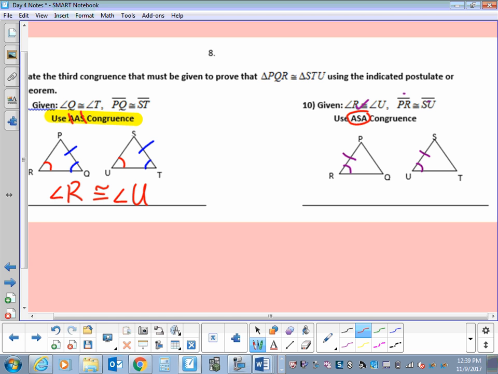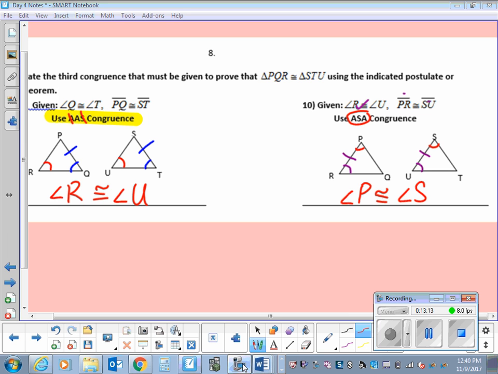Okay, so what'd you say? P is congruent to S. So angle P is congruent to angle S. That would make that statement true. I want you guys to try 11 and 12. It's just like 9 and 10. Fill in what you know and then look to see what you're missing.